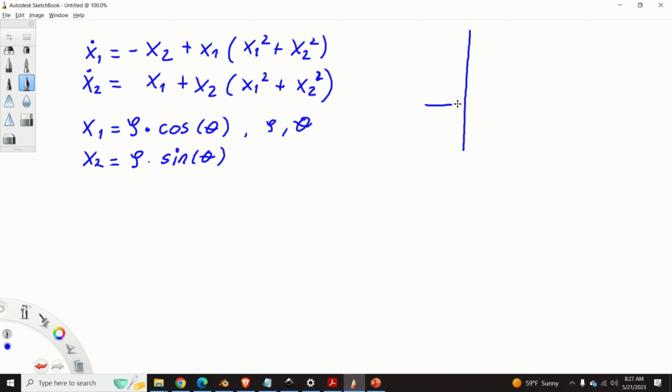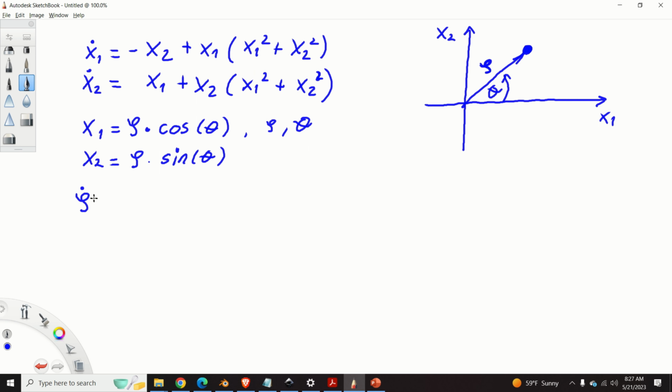These are the polar coordinates. If this is our x1, x2 state space plane, we are basically saying the following. If this is the point on a state trajectory, we will represent this point by using this angle theta and this radius rho. These are the classical polar coordinates.